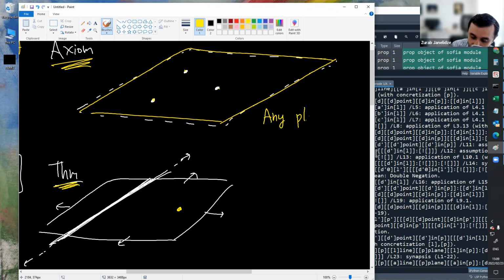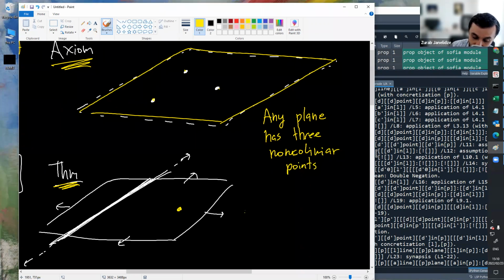Any plane has 3 non-collinear points. Non-collinear means that they don't lie on the same line.